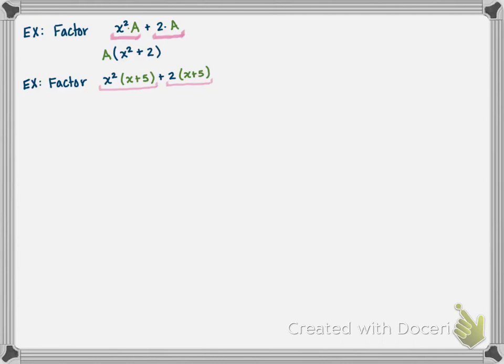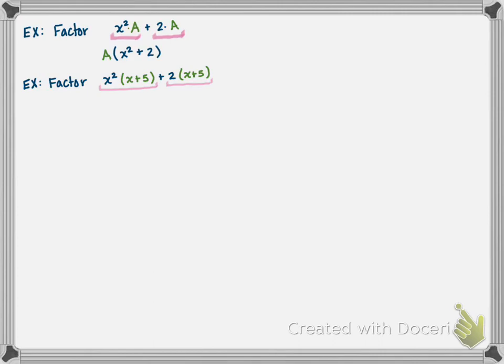And then do they have any common factors? So let's think about the multiplication going on within each term. The first term is x times x gives me my x squared, and then times x plus 5. So we usually think of that as 2 factors, a factor of x squared and a factor of x plus 5. And then the second term is 2 times x plus 5, so we have a factor of 2 and a factor of x plus 5.